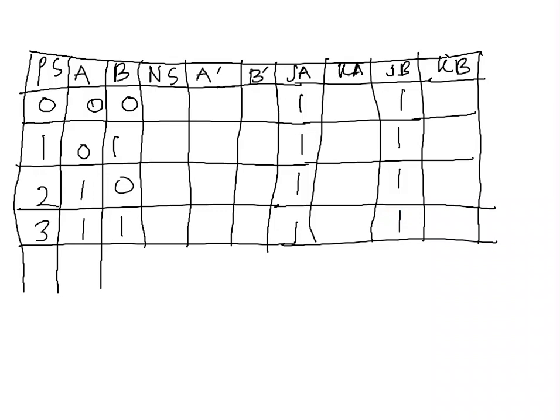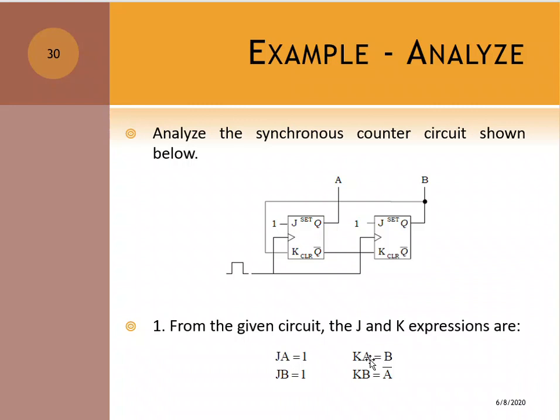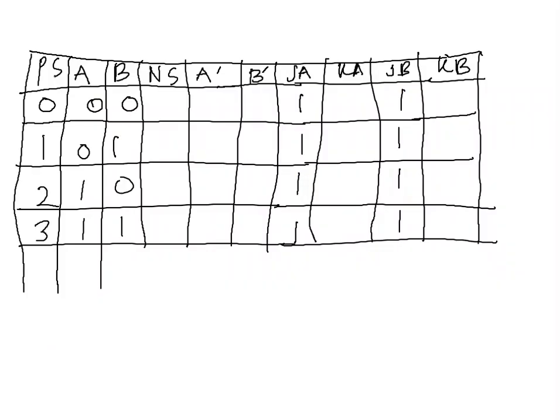Then for KA, KA equal to B. So the expression, KA equal to B, means you have to find the row with B equal to 1.